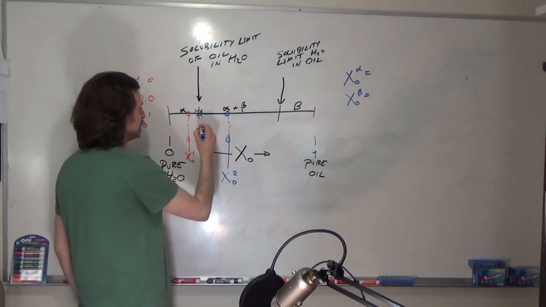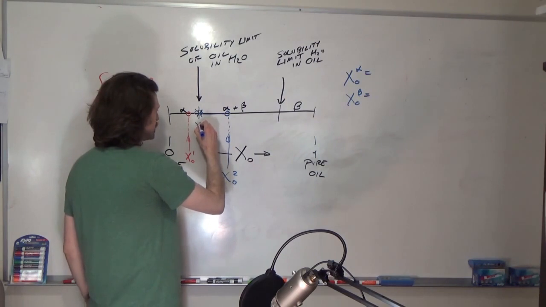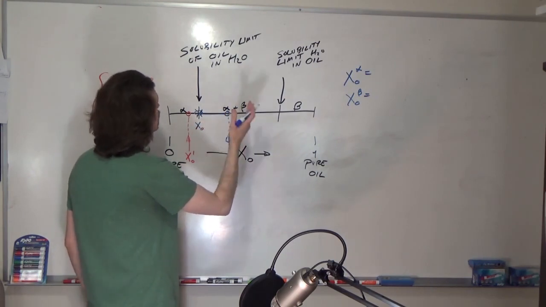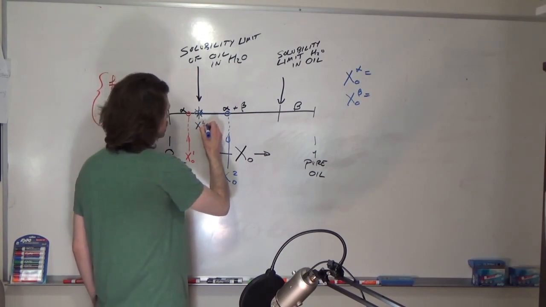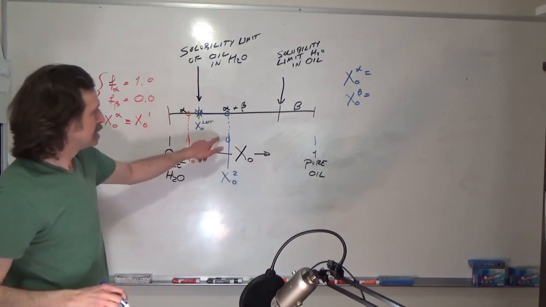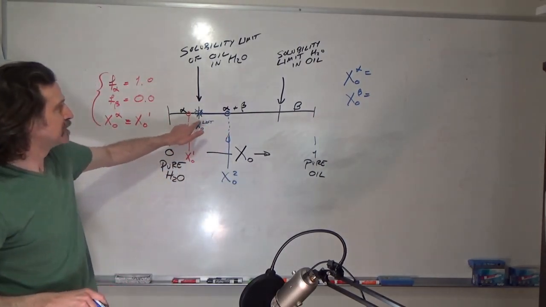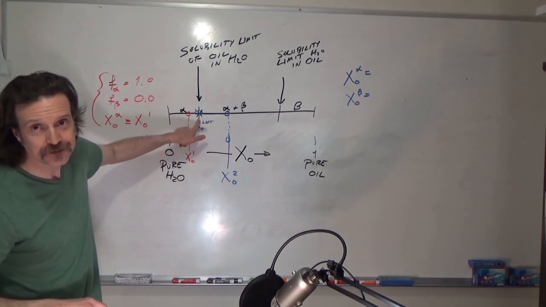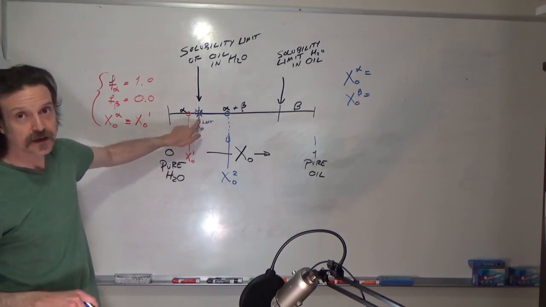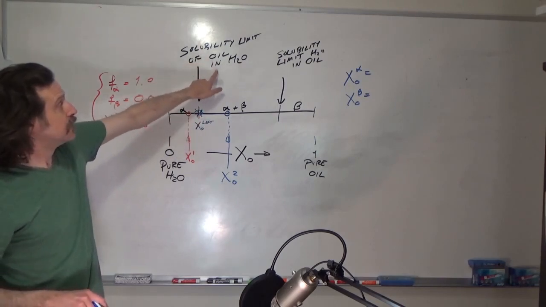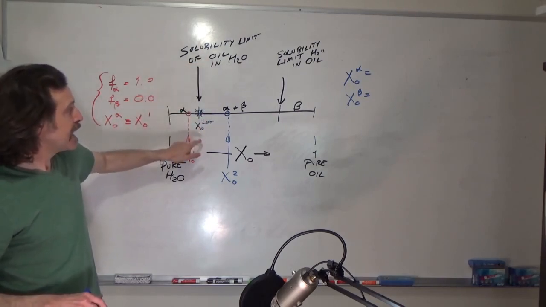So let's call this XO left, just because it's on the far left side of the two-phase region. So that's going to be the solubility limit of oil in water.